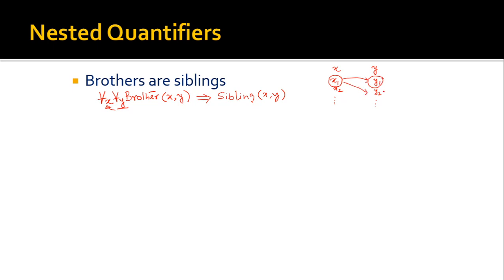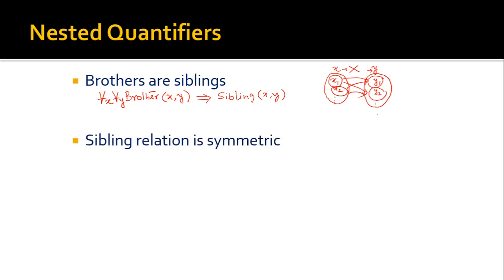You can relate y2 to x1 and so on, and for x2 you can also do that. So you are doing a cross product of the domain of this variable and the domain of that variable. This is called nesting: we are nesting one universal quantifier inside another universal quantifier.